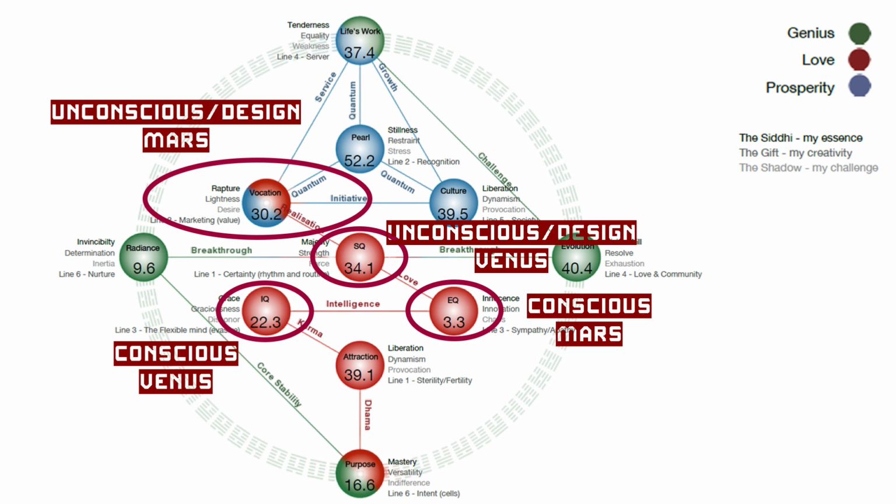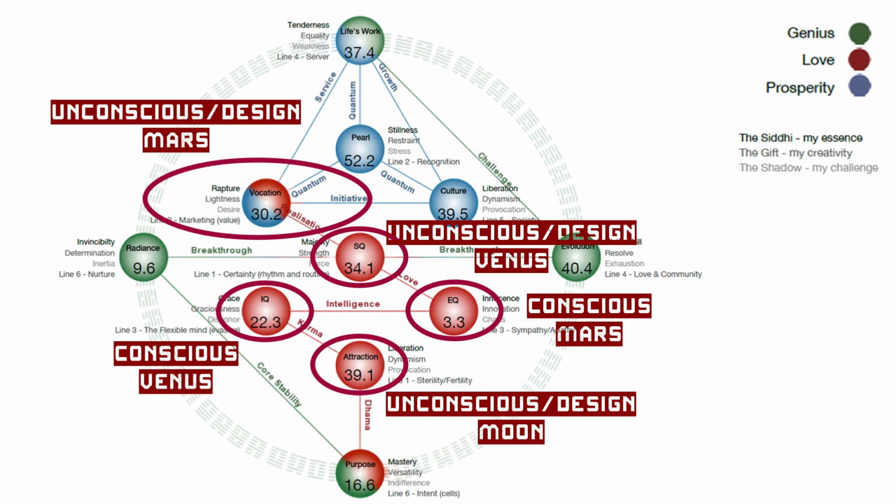So we can see here with Marcus, his IQ at the gift level is graciousness, and his EQ is innovation. So he's definitely here to bring something more innovative into his love and relationships. But he's here to do it with grace and not with dishonor at the shadow level. This corresponds with your conscious Venus.